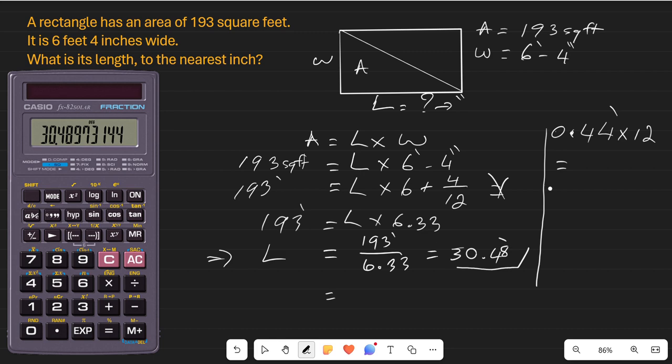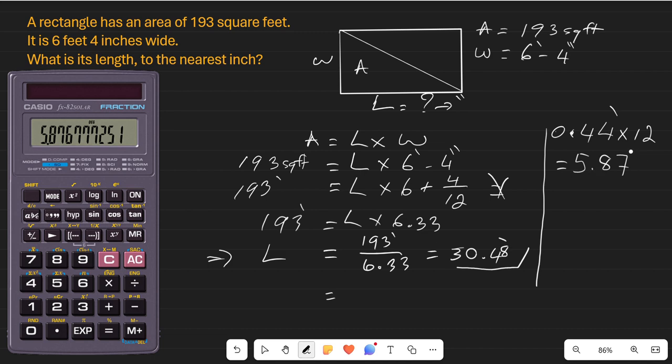Now we minus 30, equals, and times 12 to the nearest inch equals 5.87. We got only 2 decimals.